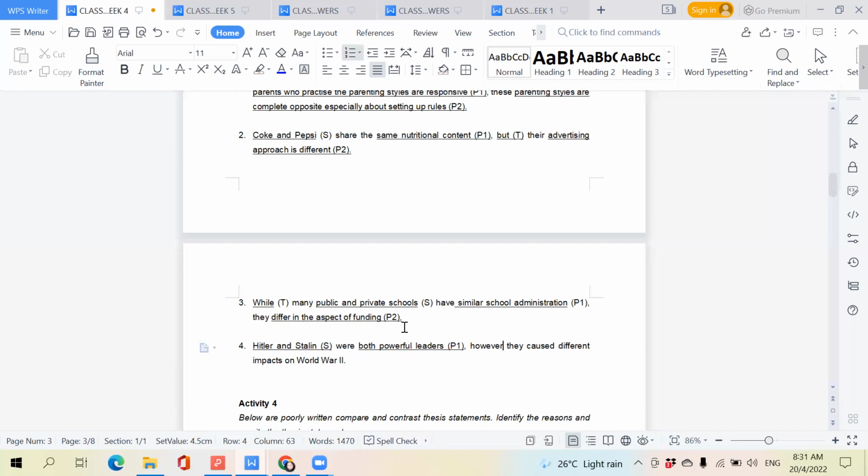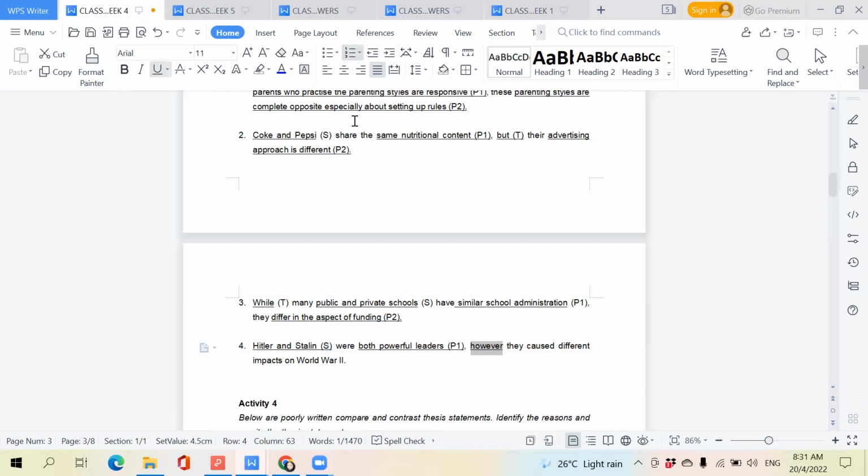You do know what transition signals are. The most basic examples would be in addition, furthermore, moreover, on the other hand, in contrast. However can also be used, and this is your transition signal.